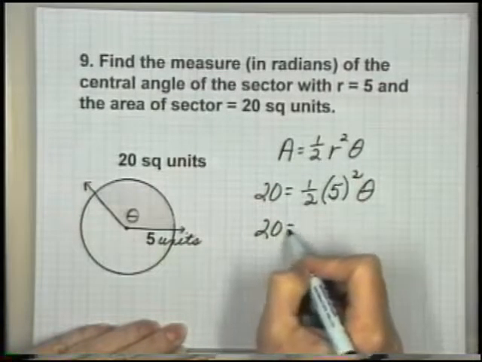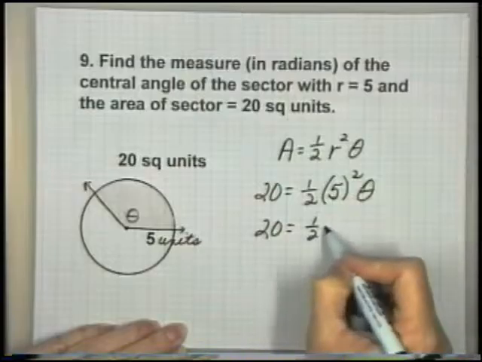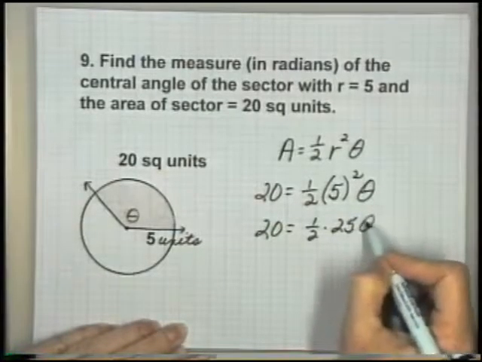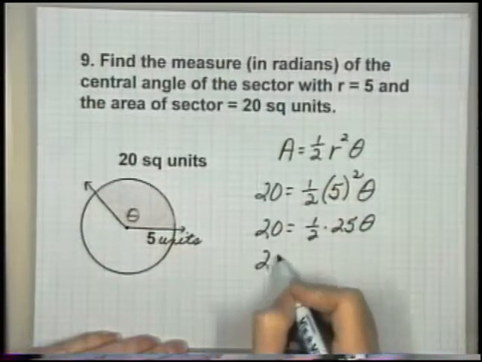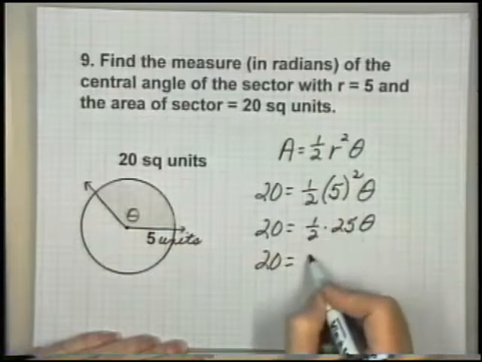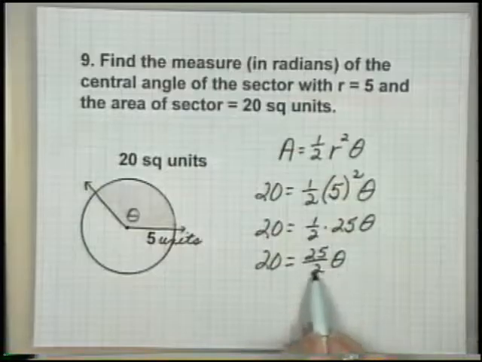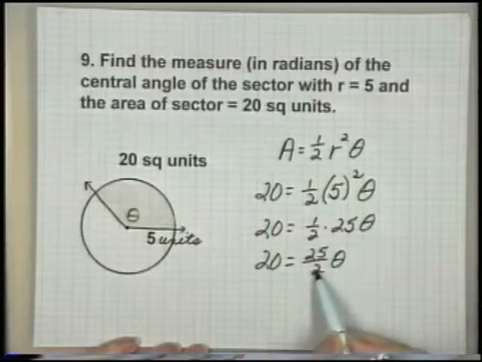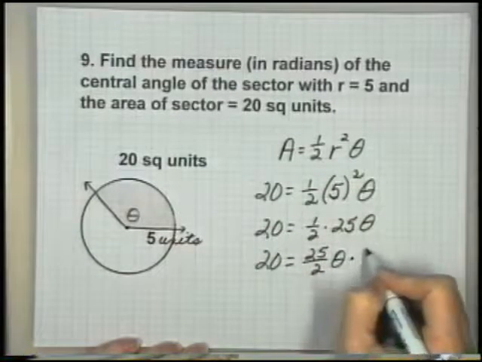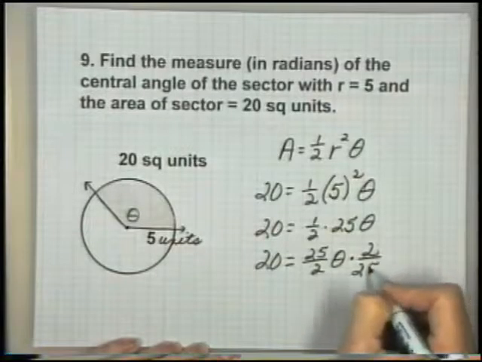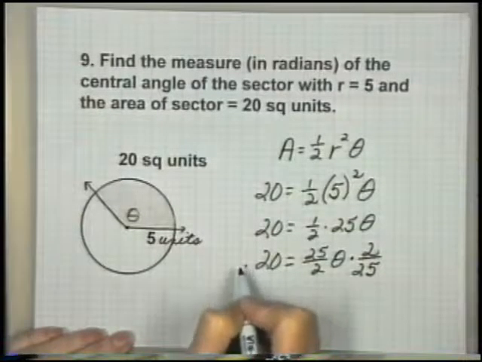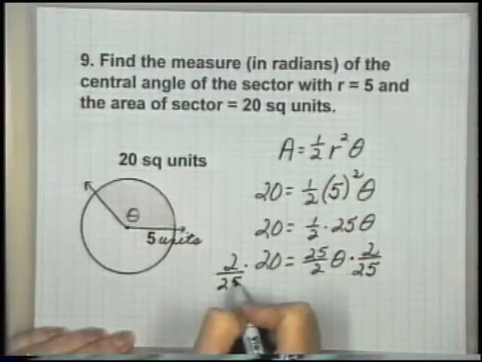So I'm going to square the 5 first. And then I'm going to go ahead and say 1/2 times 25 is 25 halves. And then I need to undo multiplying 25 halves times theta. I'll multiply both sides by 2 over 25.